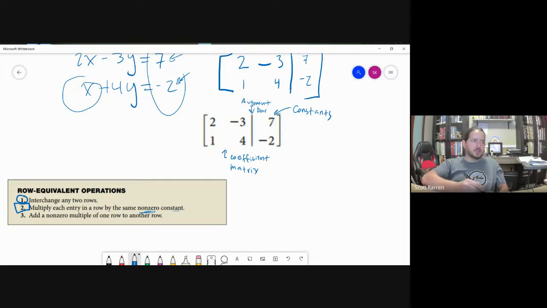And then we can also do number 3 here, which says add a non-zero multiple of one row to another, right? That's basically the elimination method, just done in a snap. Multiply a row by a number and add it to another row. That's the idea behind that, typically to eliminate one of the variables, right? So these are the 3 things that we can do. Let's take a look at actually doing some of those things, right?